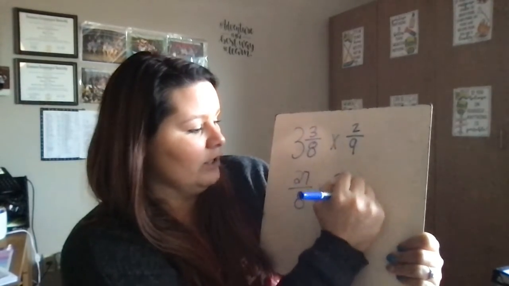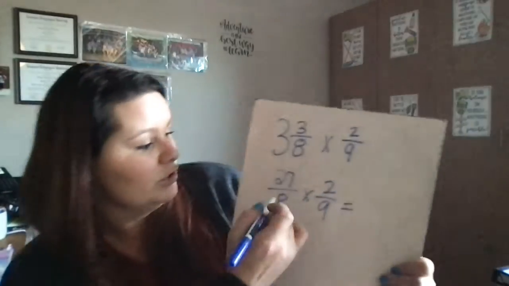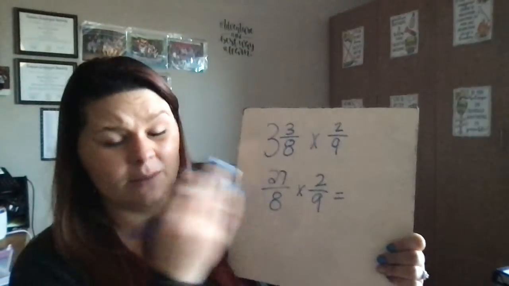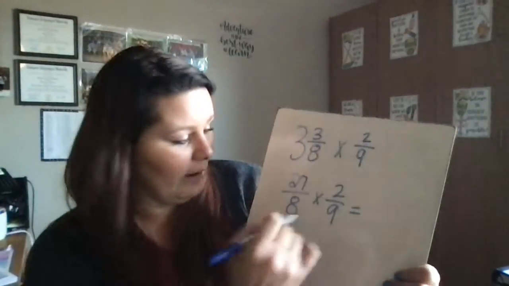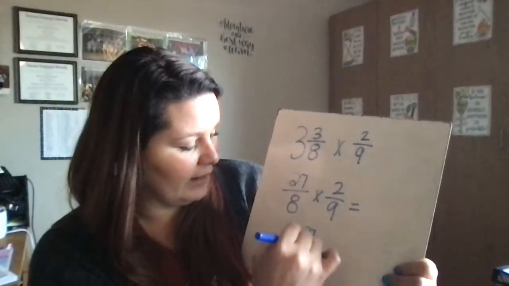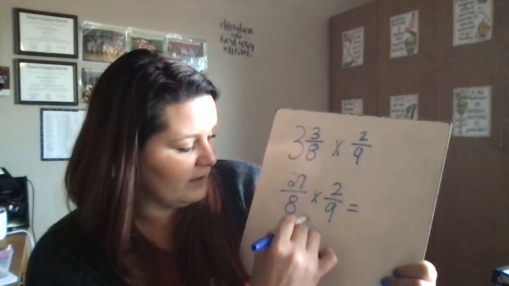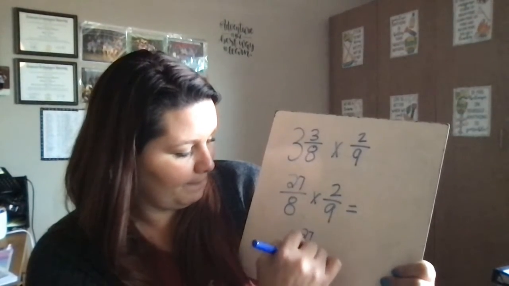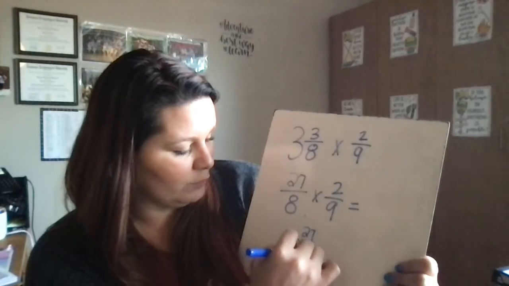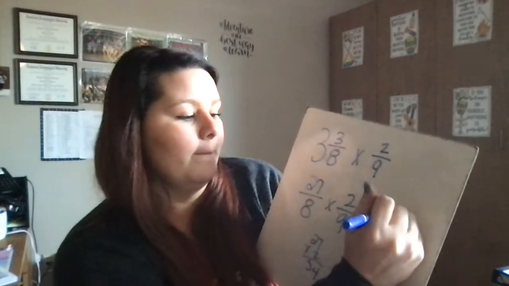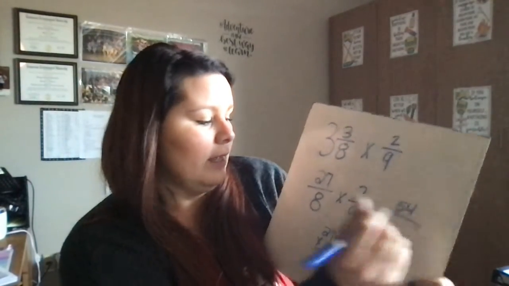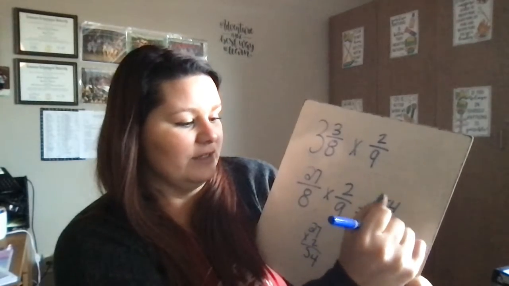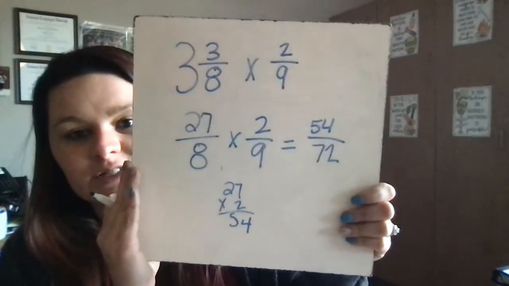Okay, so 27/8 times 2/9. Multiply across, so 27 times 2. Sometimes you'll come to things like this, and you may not know it right off the top of your head. It's okay to write it off to the side. 2 times 7 is 14. 2 times 2 is 4 plus 1 is 5. So 54. And then 8 times 9 is 72. So 54 over 72.